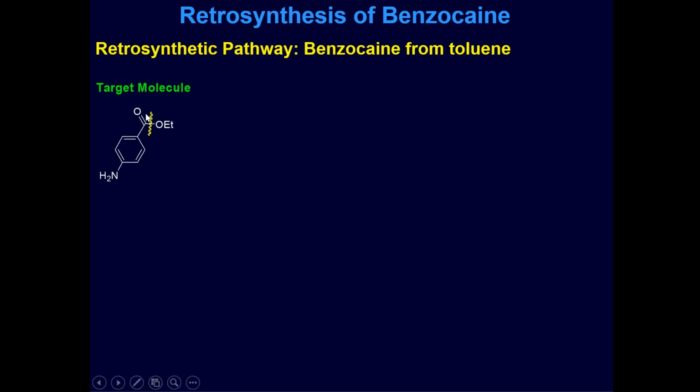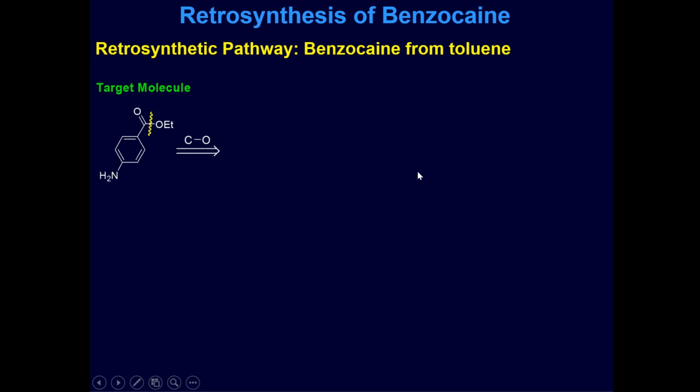The breakage I'll represent by a wavy line like this. This is the carbonyl group, this is ethoxy. C-O cleavage is occurring. I represent it as a double lined arrow, and above this arrow I'll represent which bond is broken. The carbon oxygen bond is broken.